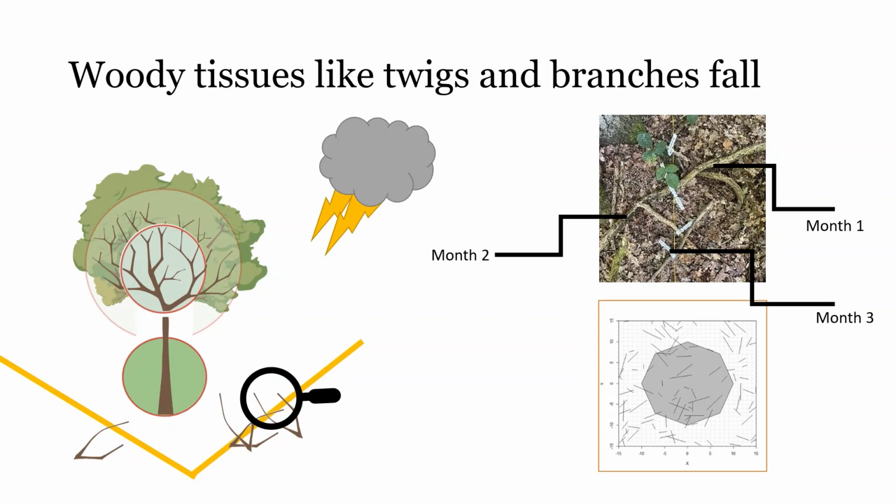And that gave me about a year, a little bit more, worth of data on branch turnover, as we call that. This is, of course, a subsample because, again, I cannot make an inventory of the complete forest floor in all these rings. That would be a massive task.